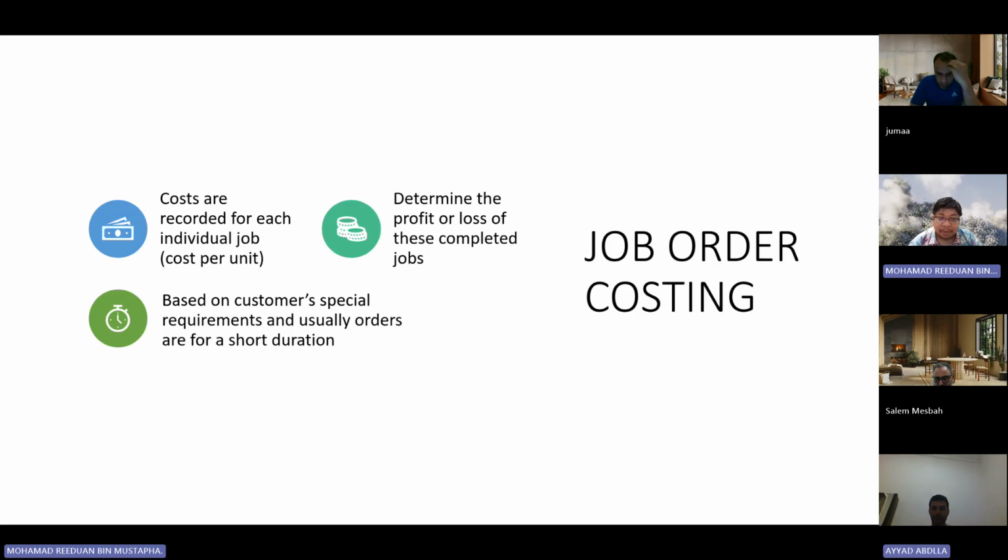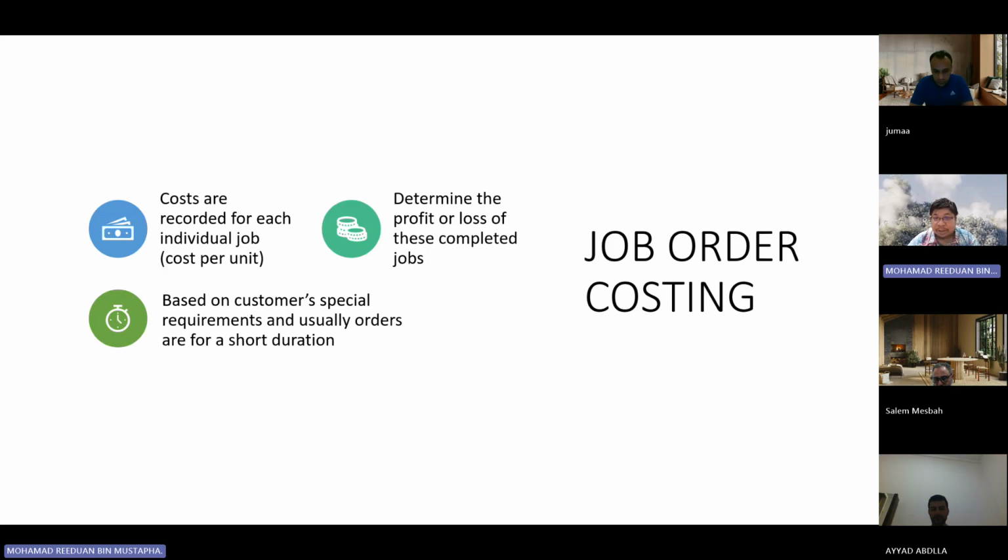In job order costing, you are also determining the profit and loss of each completed job, based on the customer's special requirements, and usually orders are for short durations.